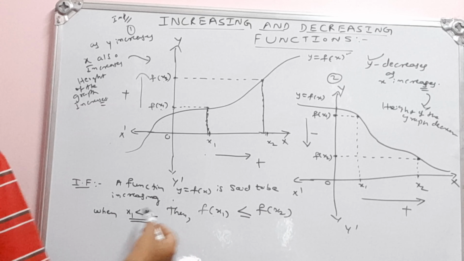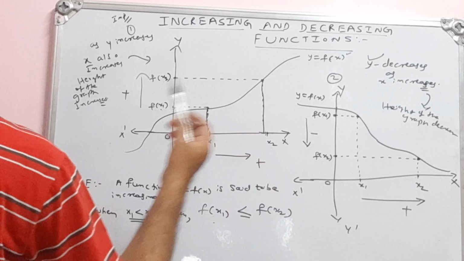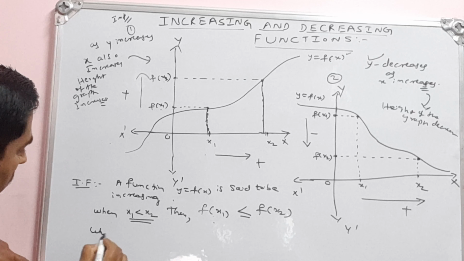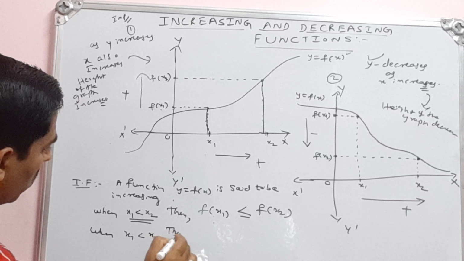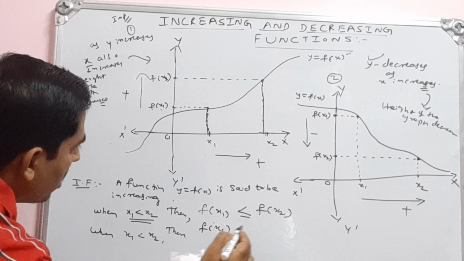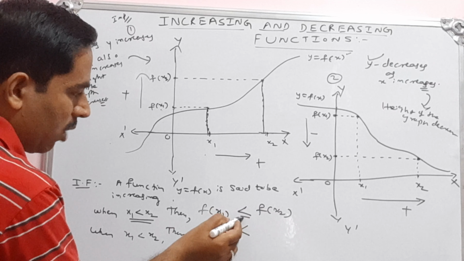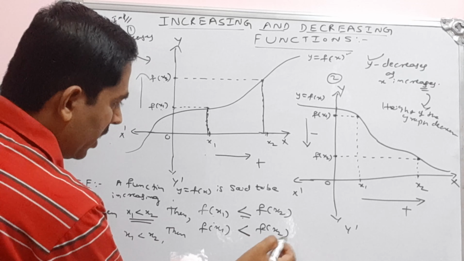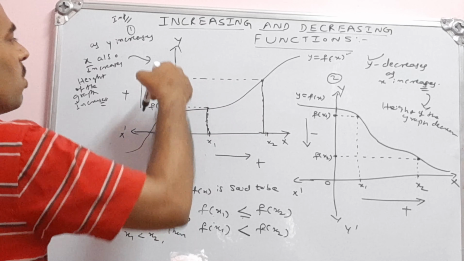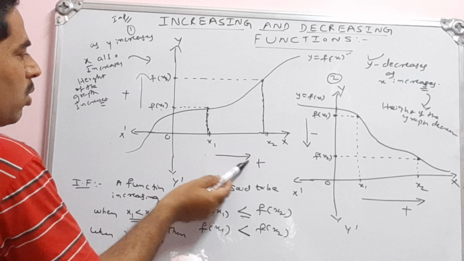So a function is said to be increasing if f of x1 is less than or equal to f of x2, when x1 is less than x2. Here we are considering less than or equal to. If I consider only less than, as we observe in the graph, as x increases, y increases.